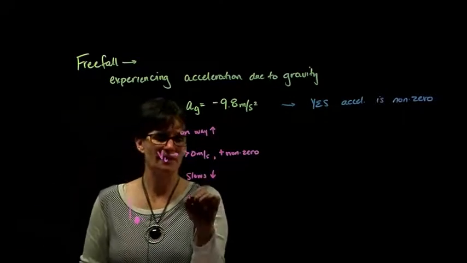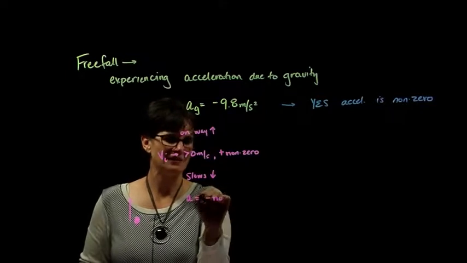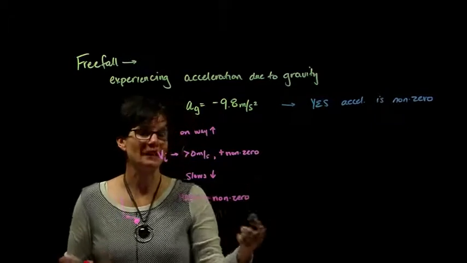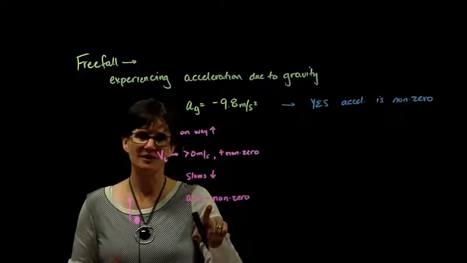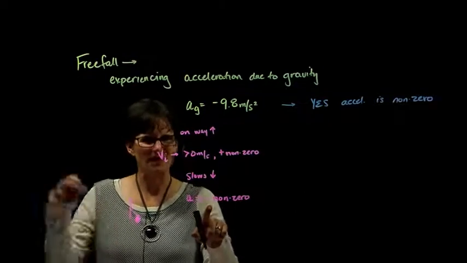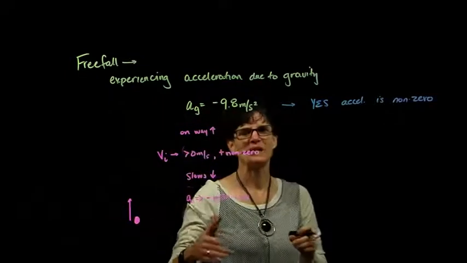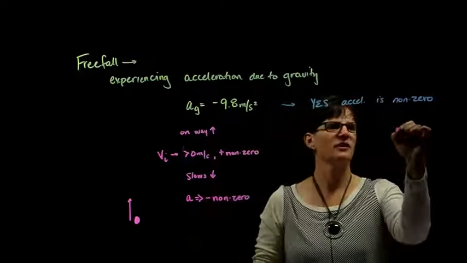So on the way up, the acceleration has to be negative non-zero. It's slowing it down. Okay, positive velocity, slowing down, acceleration and velocity are opposite. We're making the number get smaller and smaller. I can only do that if I add a negative value. All right, well, let's just intercept that peak idea and look at it on the way down.